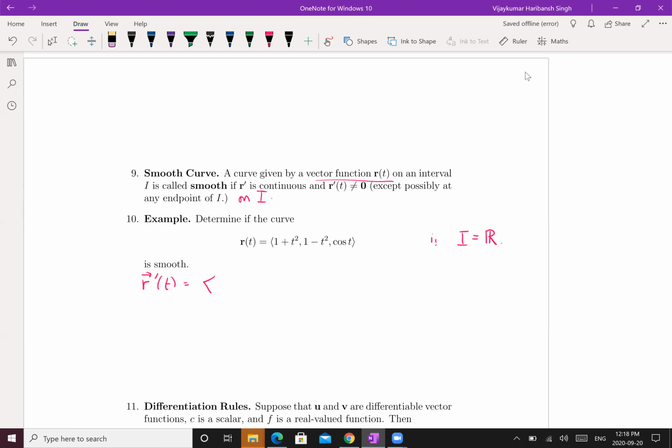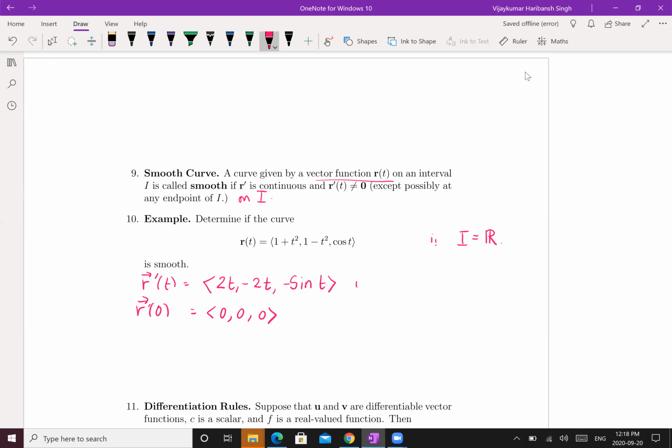So you get 2t, minus 2t, and minus cosine of t. Now r prime of 0, you can see, is basically (0, 0, 0), right?